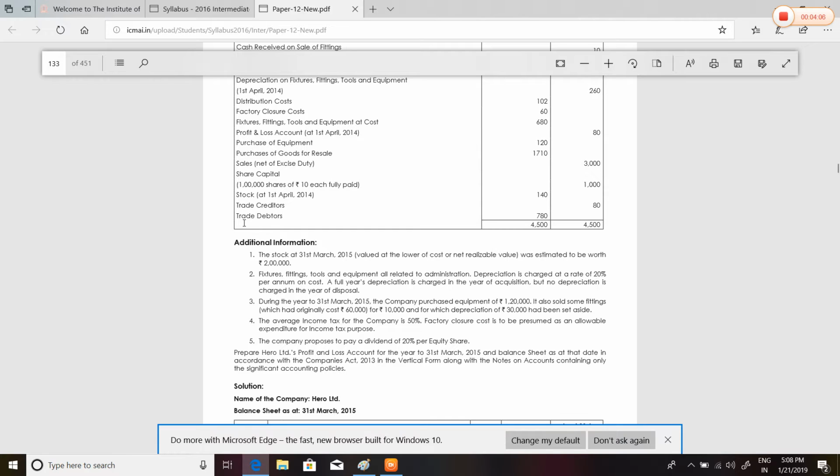The company proposes to pay a dividend of 20% per equity share, and the average income tax rate for the company is 50%. Factory closure cost is to be presumed as an allowable expenditure for income tax purposes.